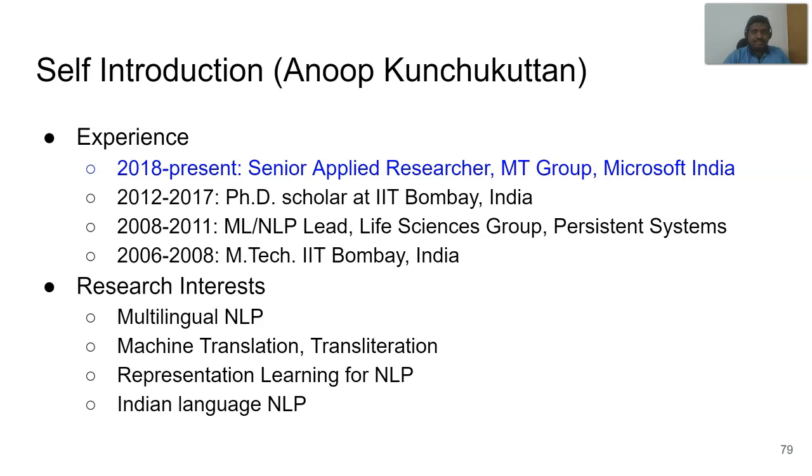My research interests are primarily in the area of multilingual NLP. Particularly, I am interested in machine translation and transliteration. I'm also interested in representation learning for NLP. A lot of the interest in multilingual NLP stems from my interest in Indian language NLP and in building resources and tools for Indian language NLP.